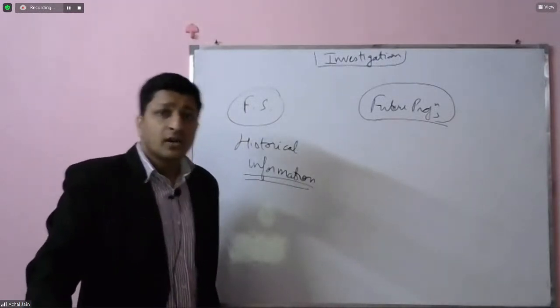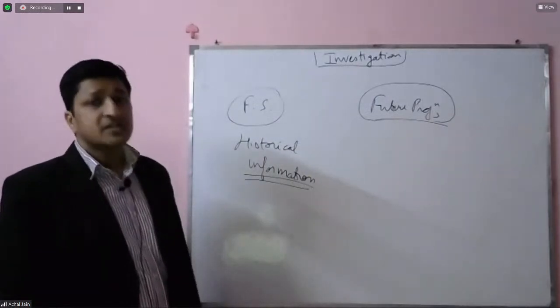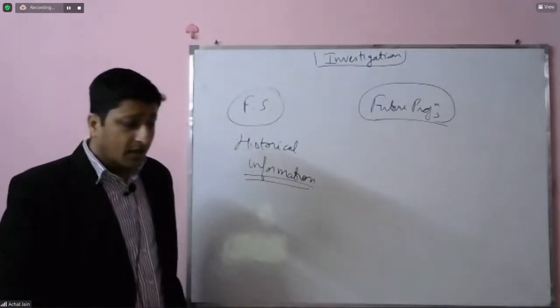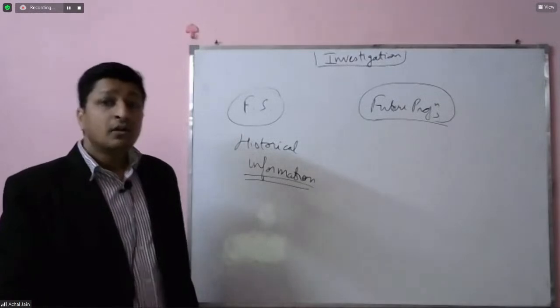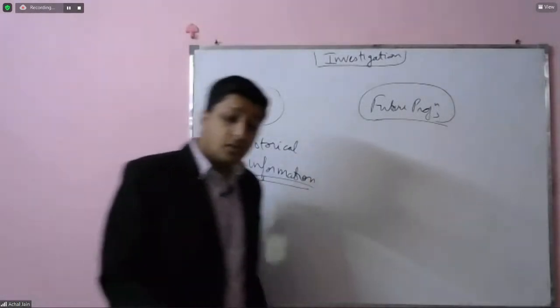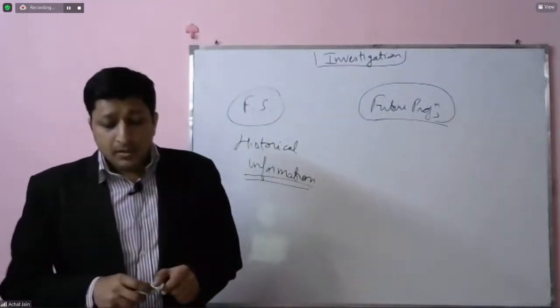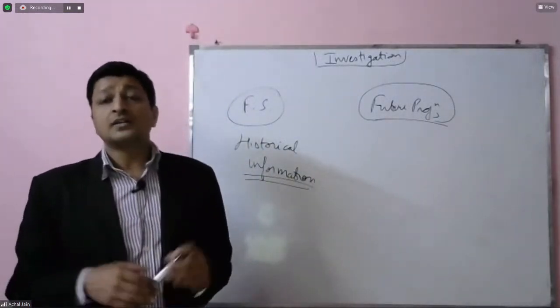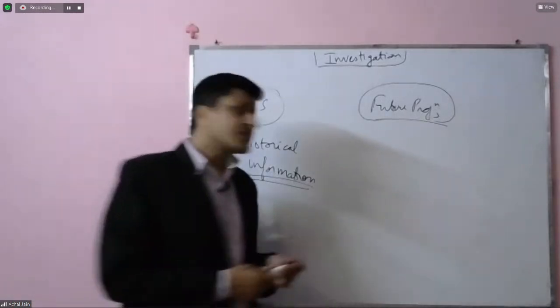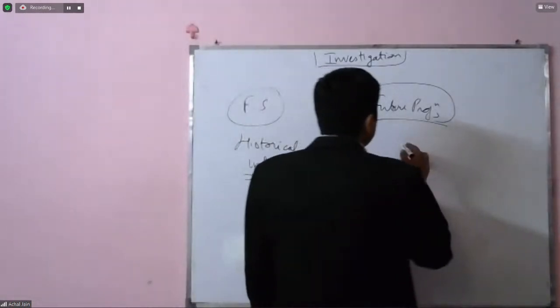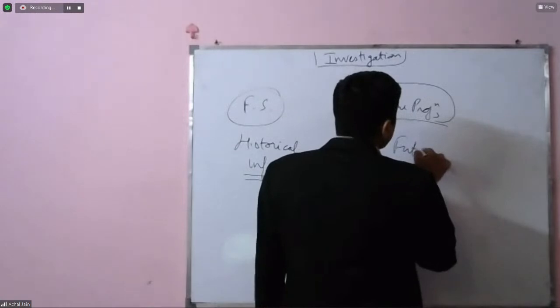This requires a lot of understanding of the business, a lot of understanding of the industry. Careful analysis of how the growth in the industry is impacted. What are the government policies which may impact the profitability or the business or the operations? What are the technological changes? A lot of such factors are required to be analyzed. Okay, so this is all about future information.